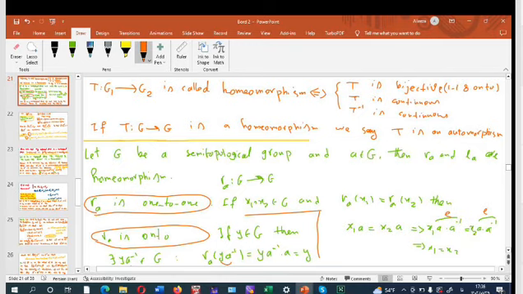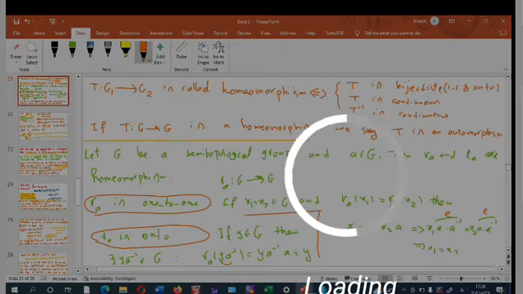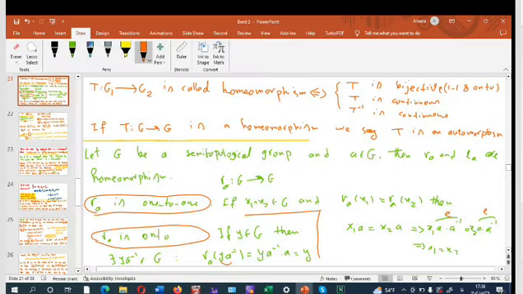T is bijective, that is, T is one-to-one and onto. T is continuous, and the inverse of T is continuous too.